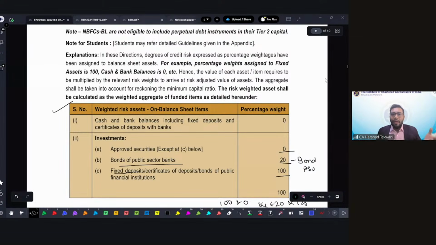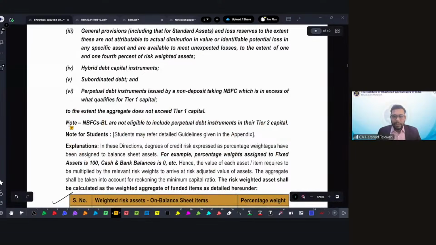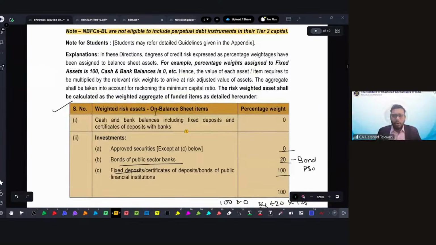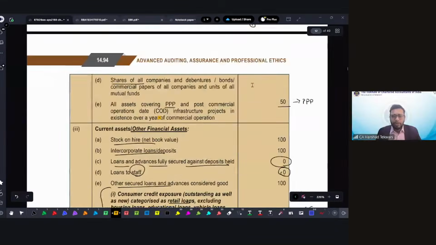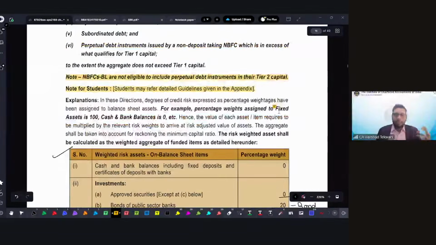So you need to refer to all the provisions and sections given in the study material appropriately. Here they have given a note for students: students may refer to detailed guidance given in the appendix. This one, this note, or just below also over here. So it can be asked, yeah.